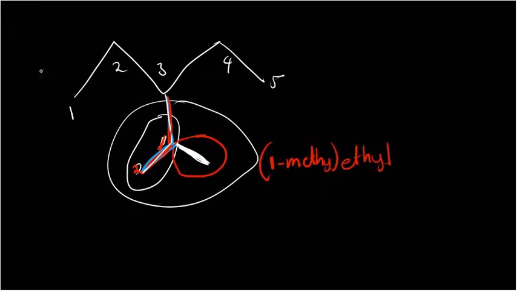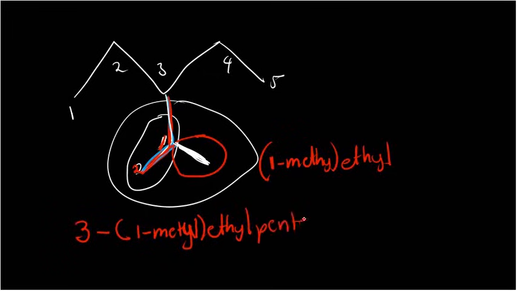So what you do, for you to name that, you will say 3, 1, 1, methyl, then ethyl. What is everything? Pentane. That's how we name it.